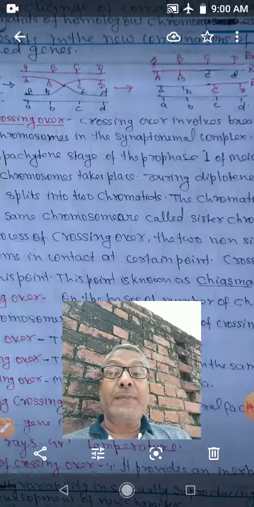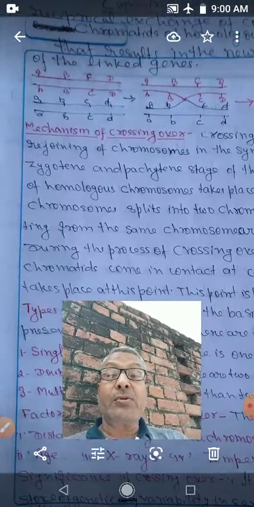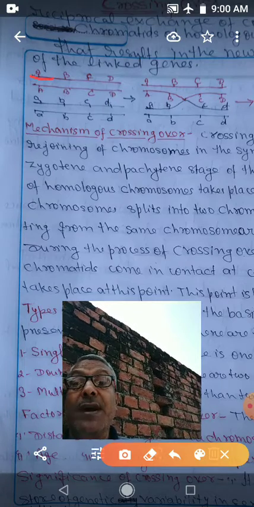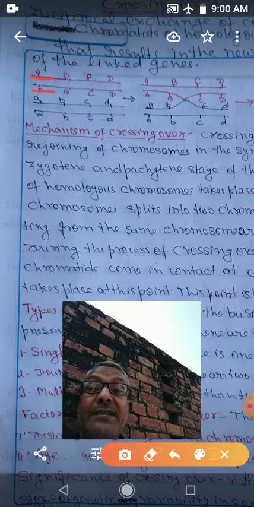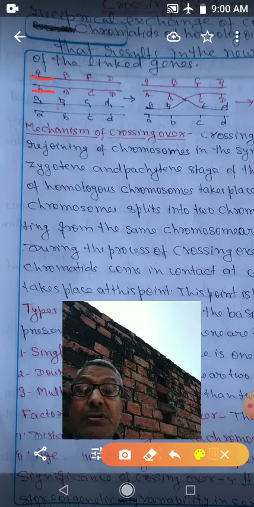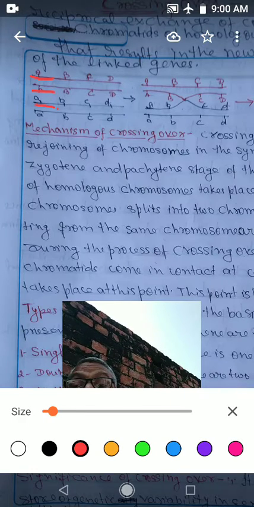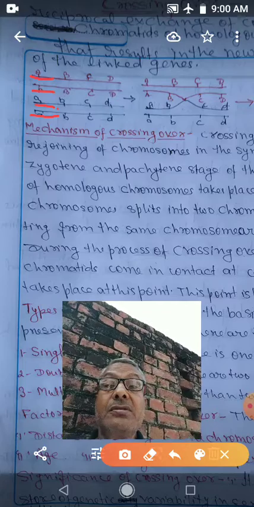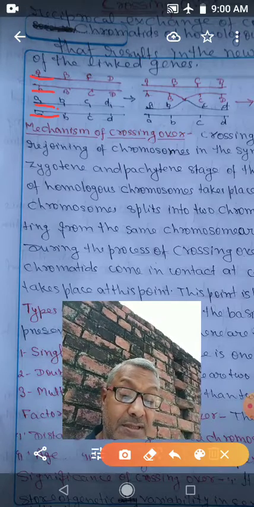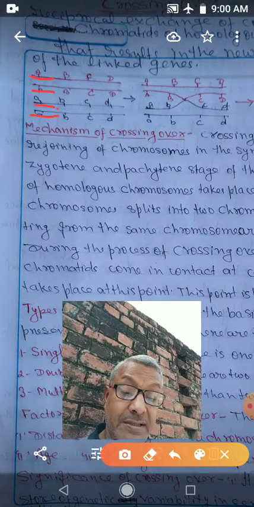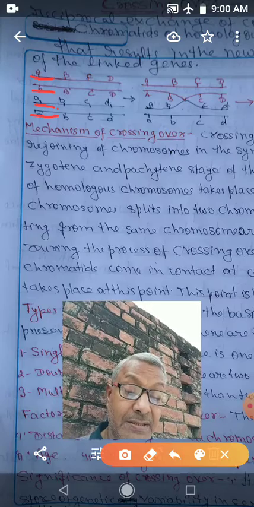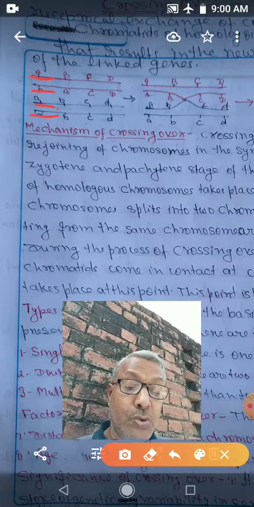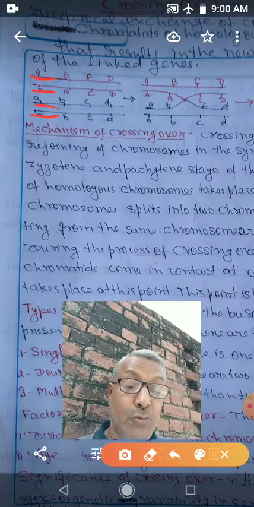Those two chromatids are called sister chromatids. So these two are the sister chromatids. Like this also sister chromatids. So each chromosome is split, and after splitting forms sister chromatids. There are two sister chromatids of each chromosome.